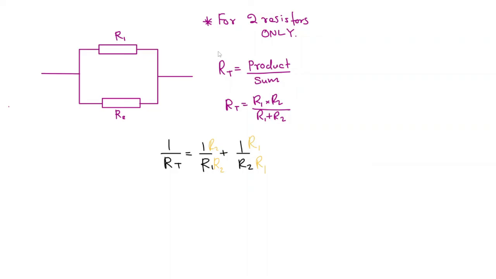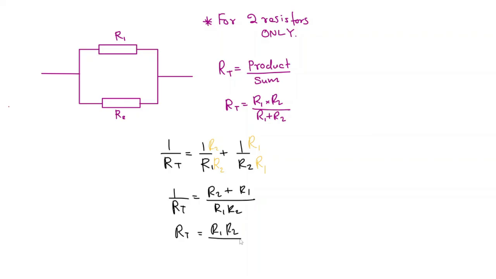Now 1 over R total is R2 plus R1, and the common denominator is R1 R2. Now take the reciprocal of both sides. The total resistance is R1 R2, the product, over R1 plus R2, the sum. So that's where you get this product over sum.